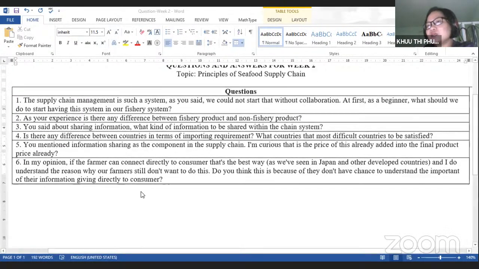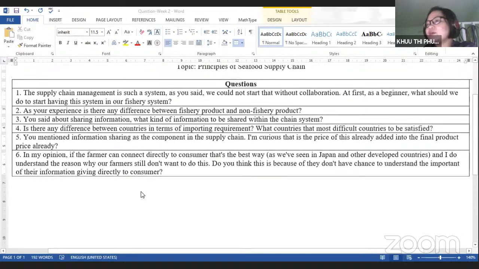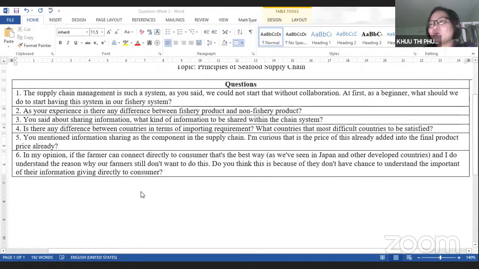The last question is, in my opinion, if the farmer can connect directly to the consumer, that's the best way. Yes, of course. In Japan, they can do that very well.